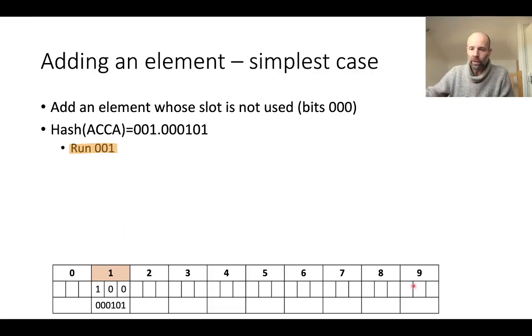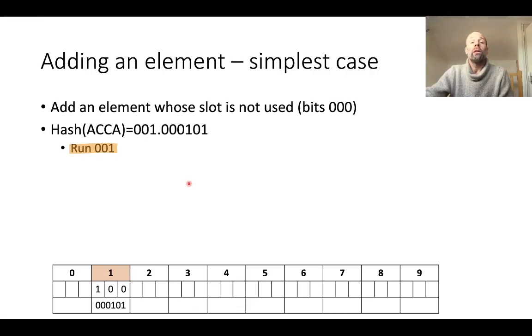What is not represented here is 0. And as it was 0, 0, 0, we are in a very simple case. There is nothing. We put our reminder here, and we set up the 3 bits to 1, 0, 0. There is now something here, and it's at its canonical location.